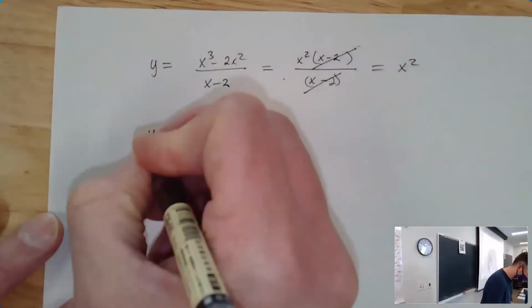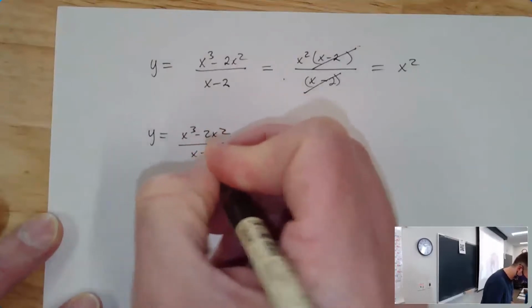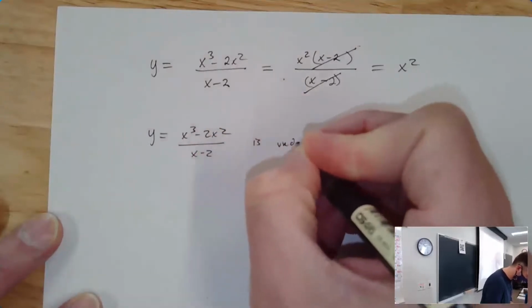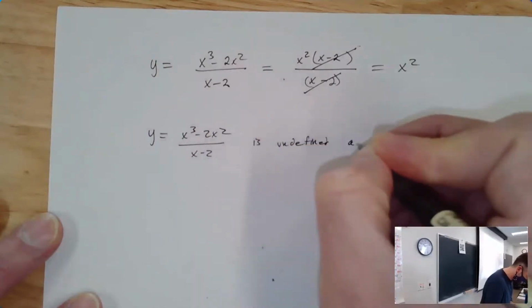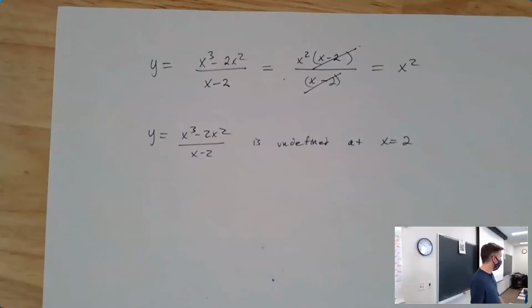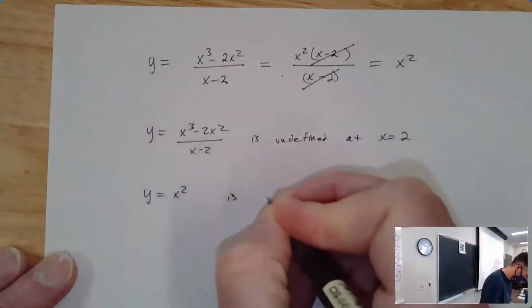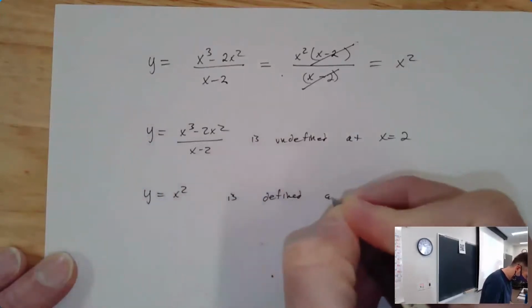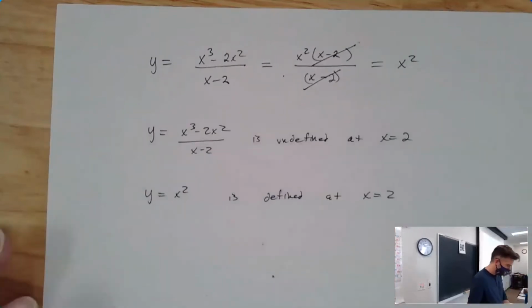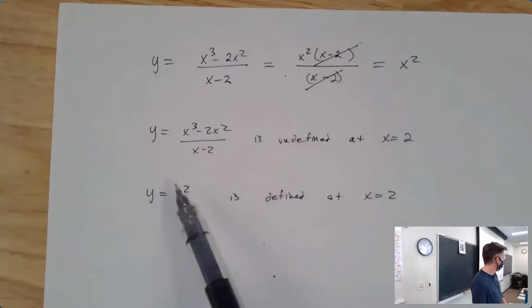For this function, y equals x cubed minus 2x squared over x minus 2, this function is undefined at x equal to 2. But anywhere other than 2, it's the same as x squared. So these functions are actually the same everywhere except for 2.